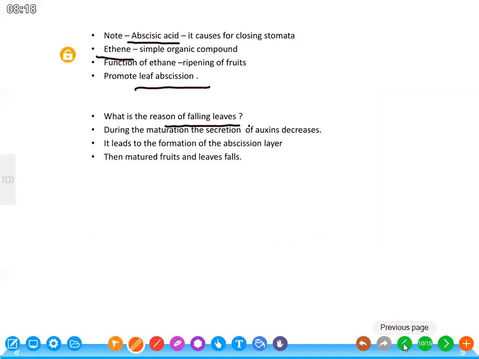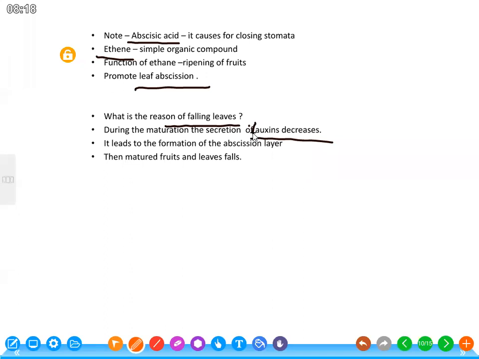During maturation, the secretion of auxin decreases. Auxin inhibits the formation of the abscission layer. So if the auxin level decreases, it leads to the formation of the abscission layer. Then matured fruits and leaves fall. So this is the main reason for falling leaves.